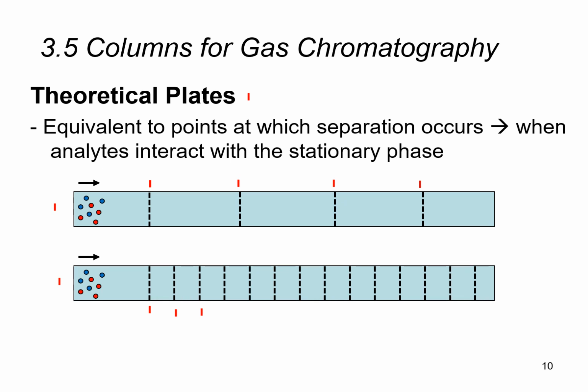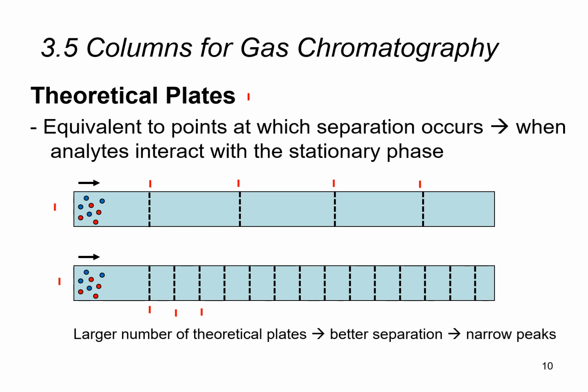We talked about what a column looks like: there's actually a coating on the inner surface, and that acts as the stationary phase where separation occurs. But I do find that this schematic is a good way to visualize this idea of theoretical plates. The more plates you have, it's an indication that you have a column that has greater separation efficiency, and it's more likely to lead to narrower peaks.